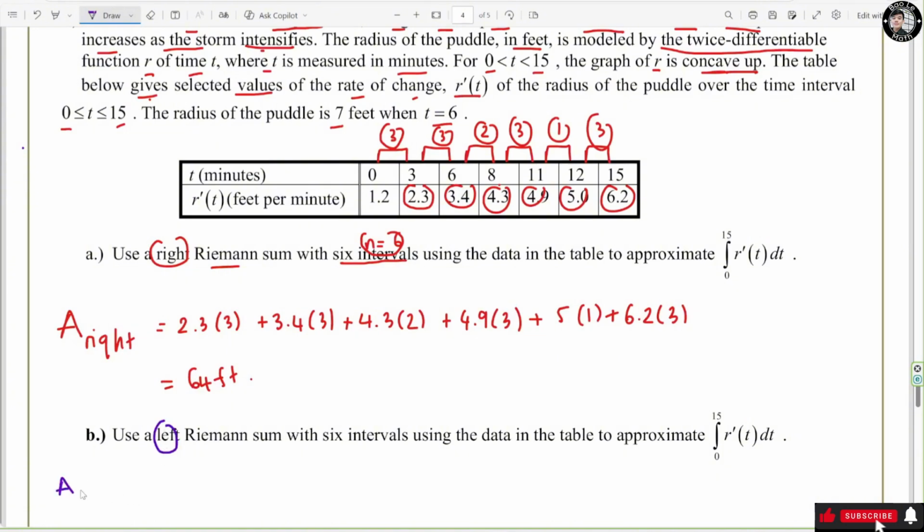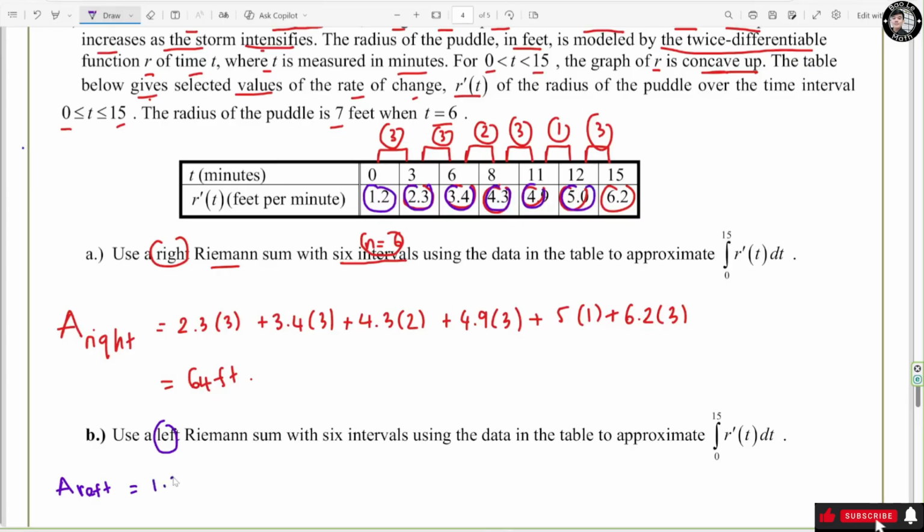So we have A left equals. For the left Riemann sum, we're going to use this guy right here: 1.2, 2.3, 3.4, 4.3, 4.9, and 5 only, right?